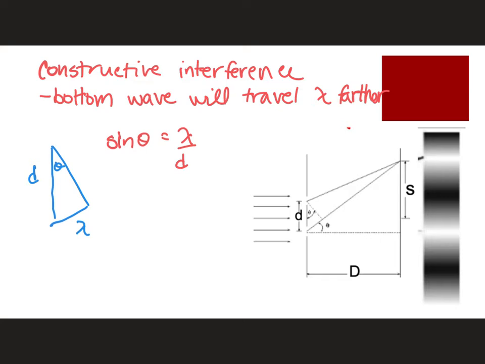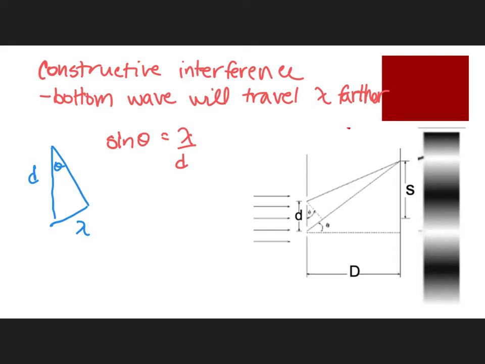Now, if I look at the actual diagram here, I can also see that s is going to be the distance between my central maximum and my first bright maximum. And D is the distance between the slits and the actual screen.